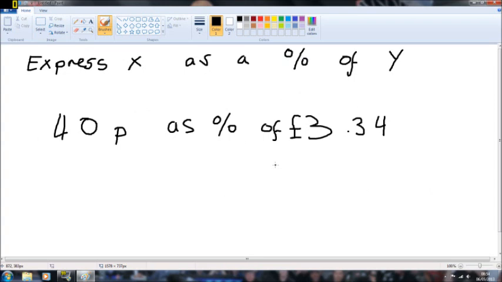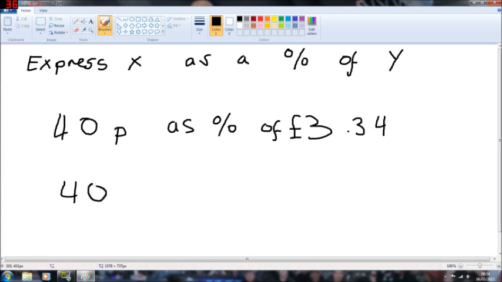And here is type 2. It says express X as a percentage of Y. And the question is express 40p as a percentage of 3 pounds 34 pence. Now you can either convert this into pennies or the pennies into pounds, and I'm gonna go for converting this into pennies. I think it's much easier.